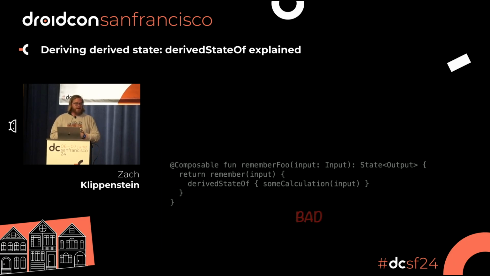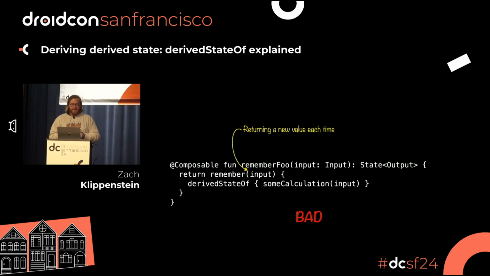So one common anti-pattern I've seen a fair bit with this is having a composable function that takes some input and returns a state. And inside there, you remember the input, but you're keying it off the input. So whatever you're remembering, it's going to recreate it every time that input changes.